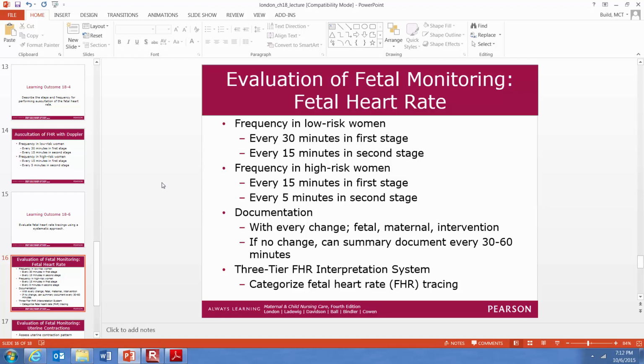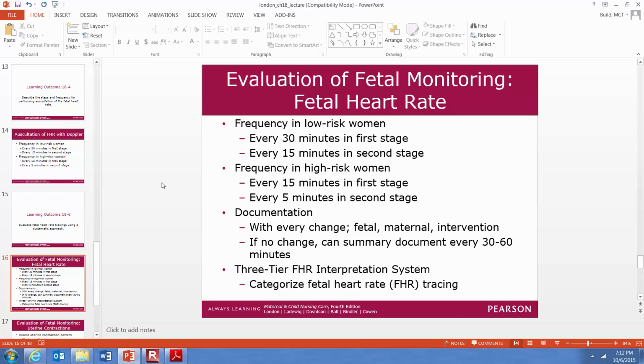That means we have to evaluate the fetal heart rate, the contraction pattern, the maternal vital signs and maternal status. We have to do that according to these frequencies. So if we do it to these frequencies, then how often do we have to document?